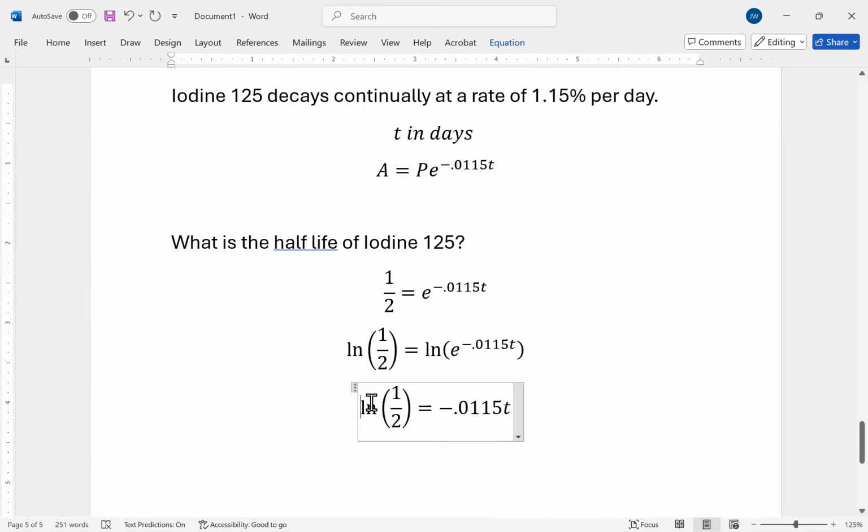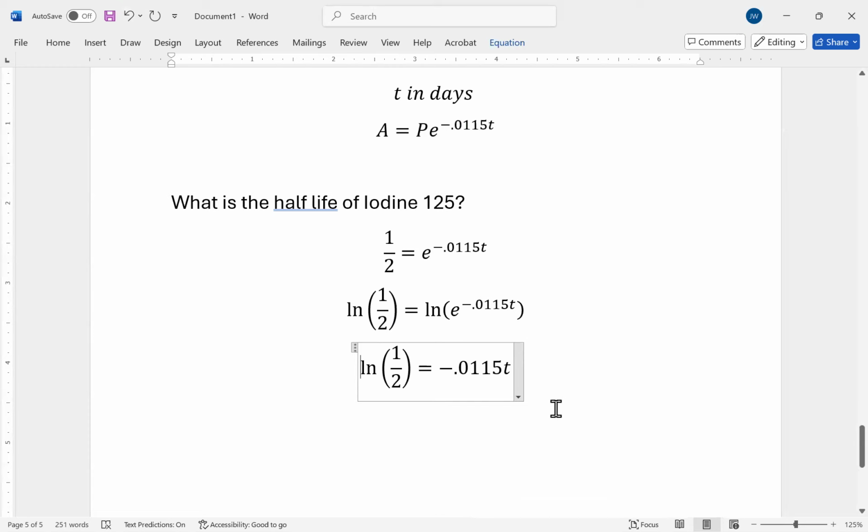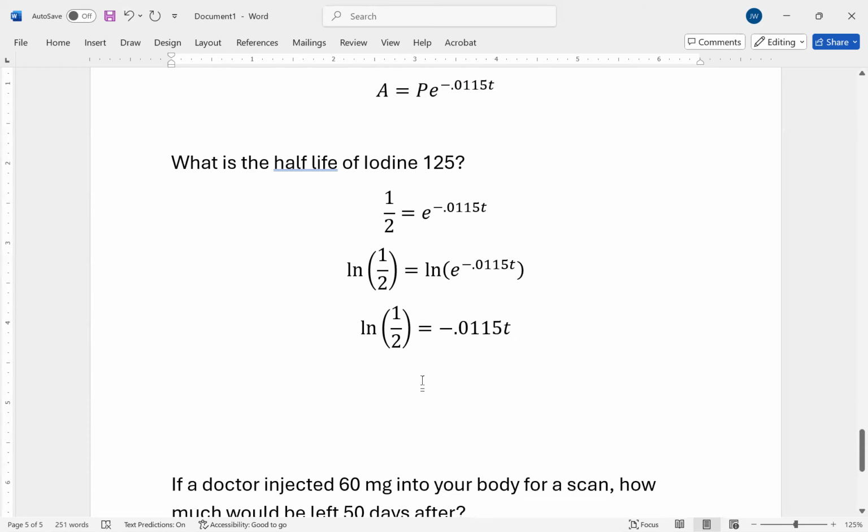Notice solving this equation was very much like solving the equation we did in our last example. So go ahead and approximate this. That's natural log of 1/2 divided by negative 0.0115. And that T value is approximately 60.27.